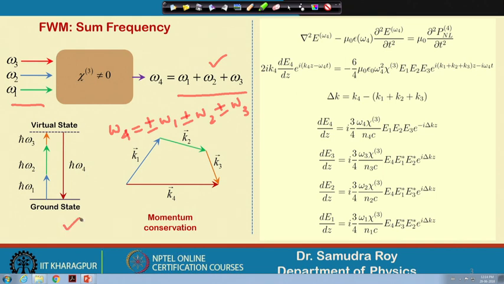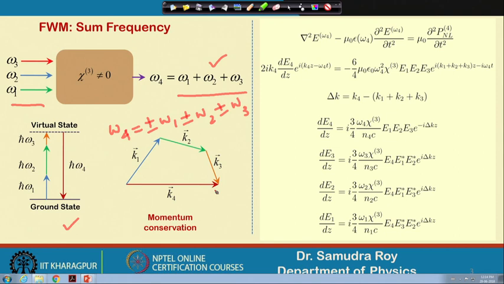Omega 1, omega 2 and omega 3 are the three frequencies that merge and generate omega 4. The energy conservation is h cross omega 1 plus h cross omega 2 plus h cross omega 3 equals h cross omega 4, which is this equation. But at the same time, for momentum conservation, k1, k2 and k3 are the propagation constants, or wave vectors, of the photons with frequencies omega 1, omega 2 and omega 3.